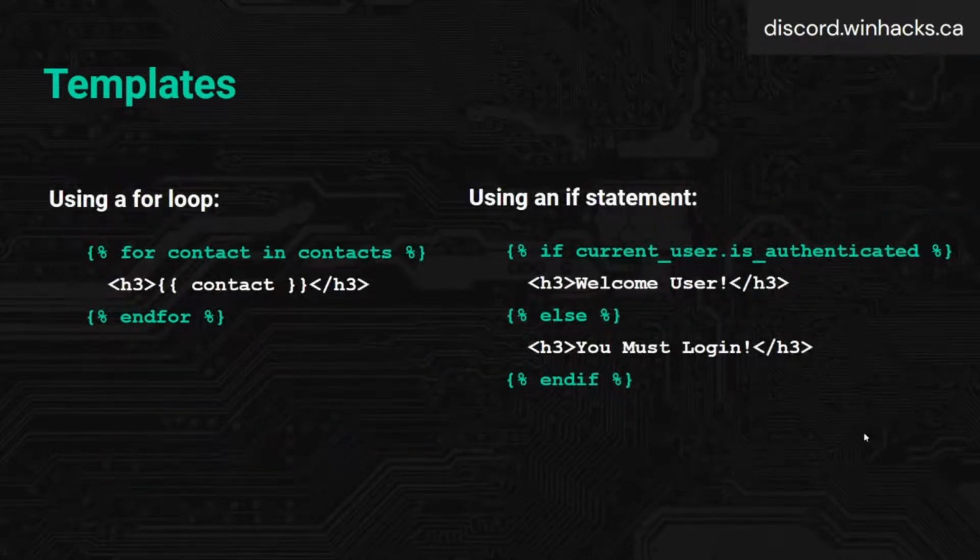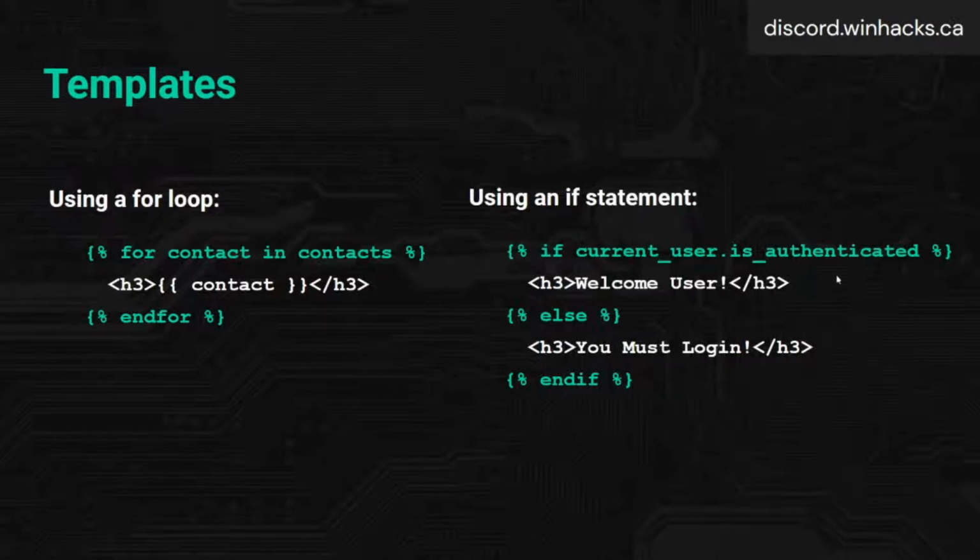So some other cool stuff that you can do is you can do a for loop. So say there's a list of 5 contacts. Say it's contact A, B, C, D, and E. This will create 5 H3s, and in between, it'll have A, B, C, D, E, like that. So that's a cool way to dynamically create HTML. And another thing you can do is use an if statement.